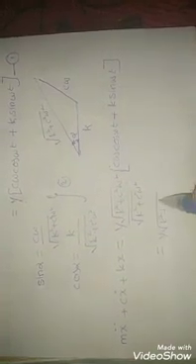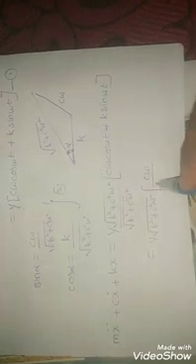Taking the denominator inside, we get c omega divided by root of k square plus c square omega square times cos omega t, plus k divided by root of k square plus c square omega square times sin omega t. This is the equation I get.